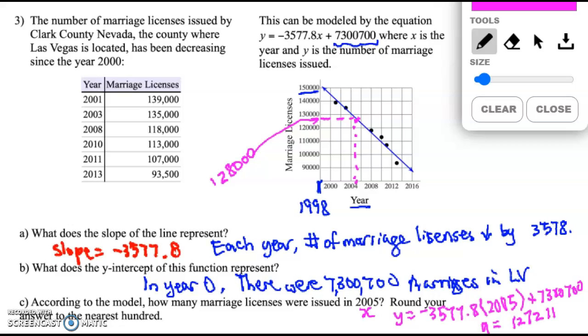So that means there were 127,211 marriages, and that actually looks very close to 128,000. Okay, so I was a little bit off, but you can use the graph to make a rough prediction, but the equation is going to give me a far more precise prediction.